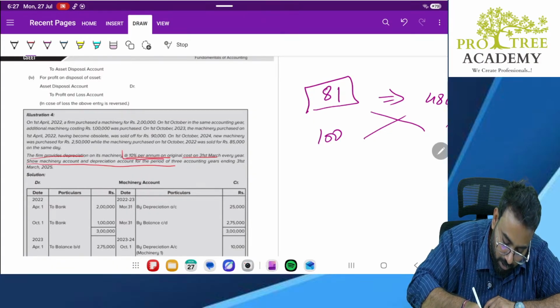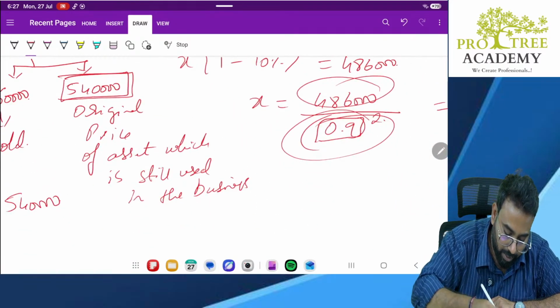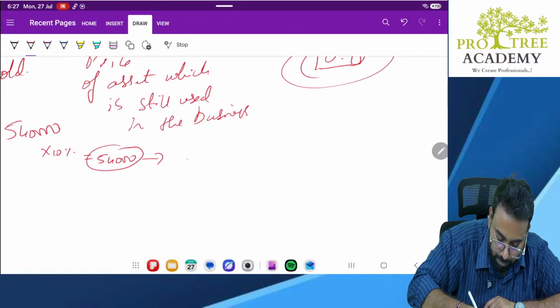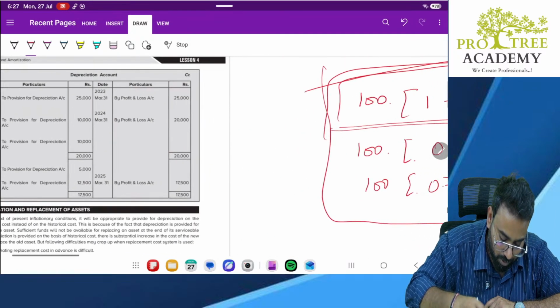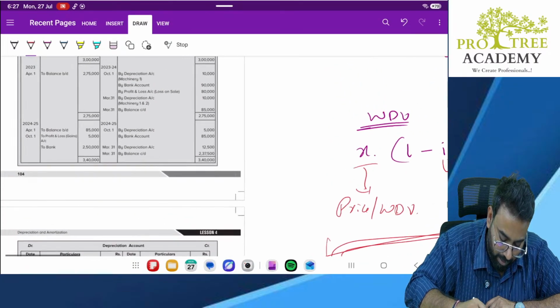So again, they are asking us to charge 10%, but this time on the original cost. Our original cost is 5,40,000, so 10% on this will be 54,000. That will be our depreciation, on the asset which is still being used. Clear? Am I clear, guys? Everybody is following?